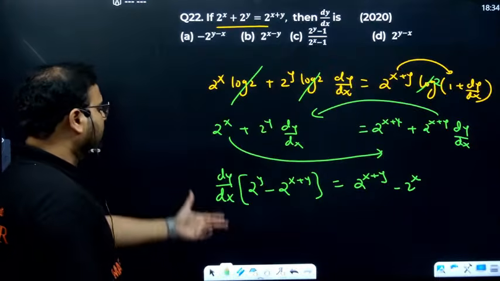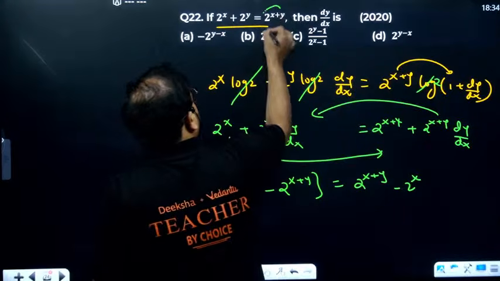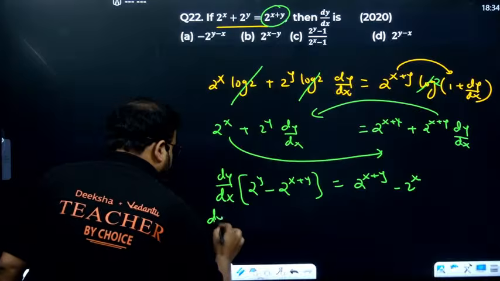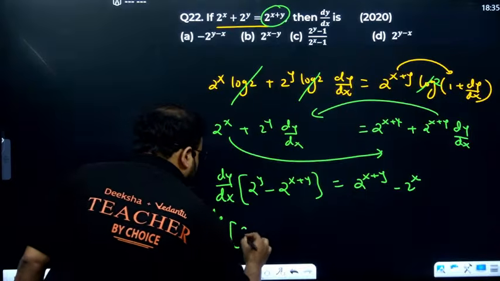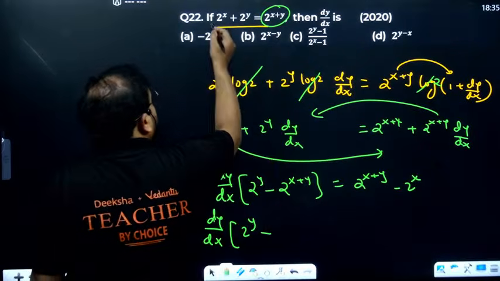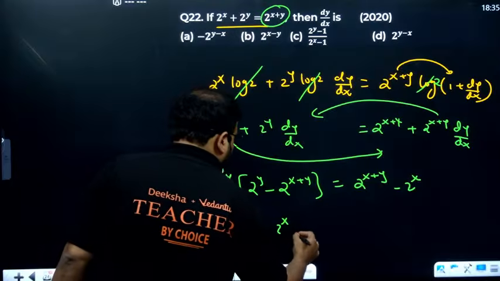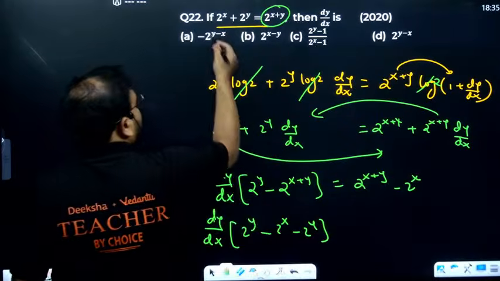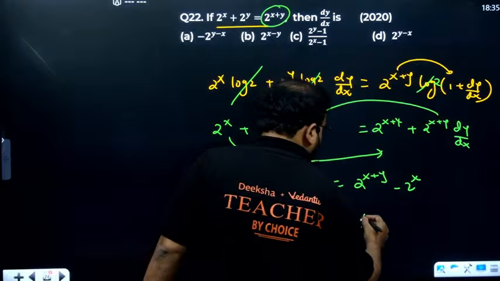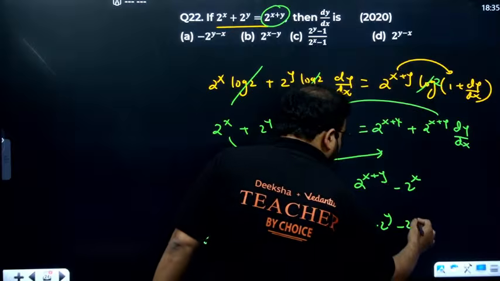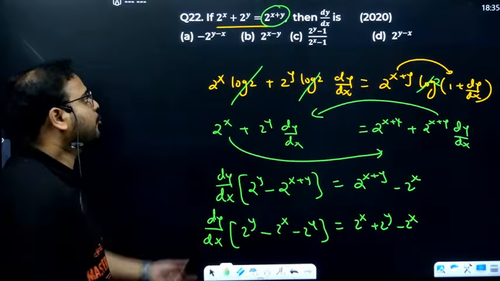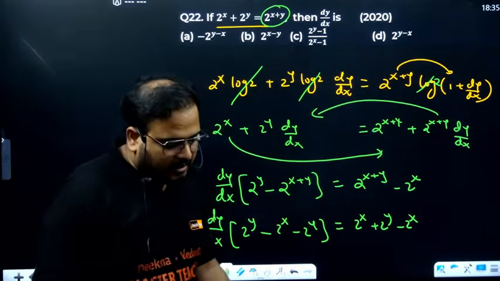Now before we continue, let's look at the value of 2 power x plus y. 2 power y minus this value is this expansion, left hand side, 2 power x, 2 power y in sum. Here also same thing. I have put the value of 2 power x plus y from the numerator.